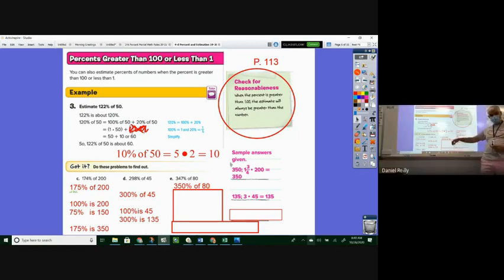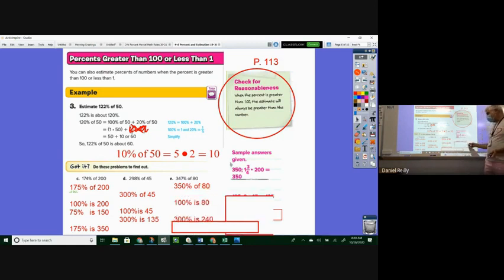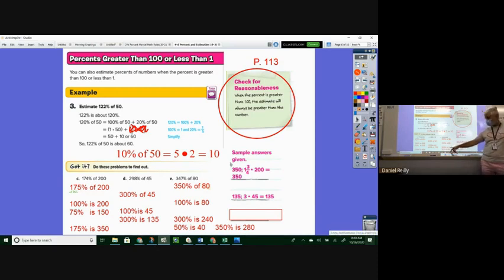So it's 3 times 80 plus 40. It's 280, and 280 is correct. 300% is 240, and 50% is 40, half, so you add them together, 280. There's not enough room in our books, so you only really need to write the answer.